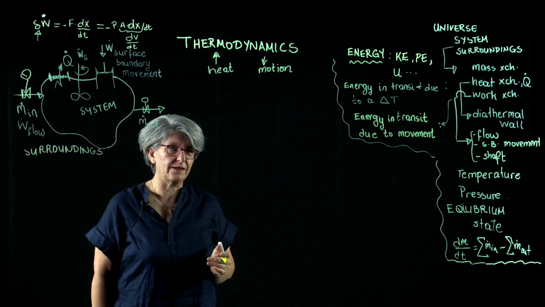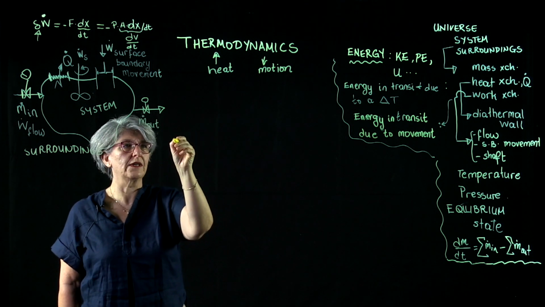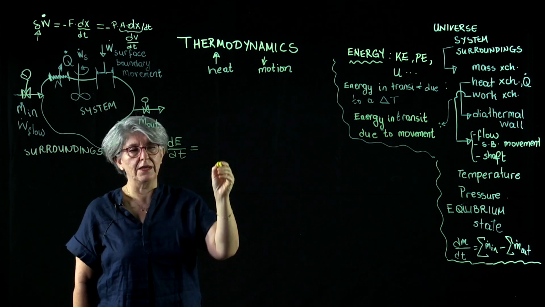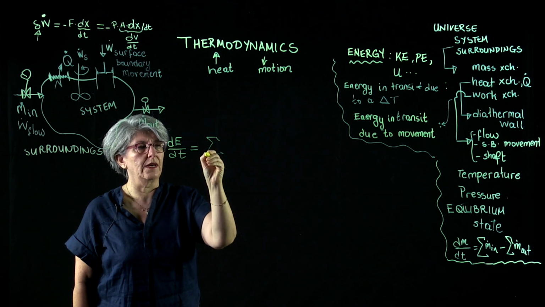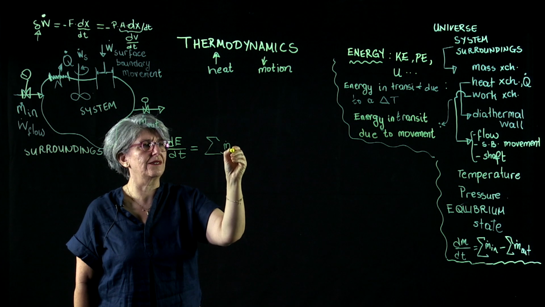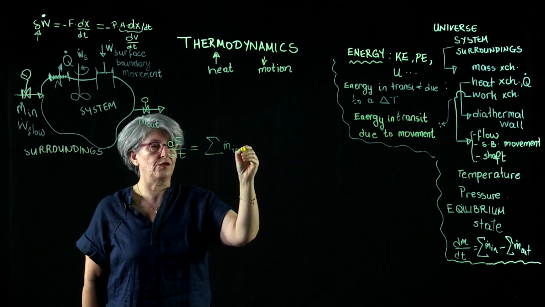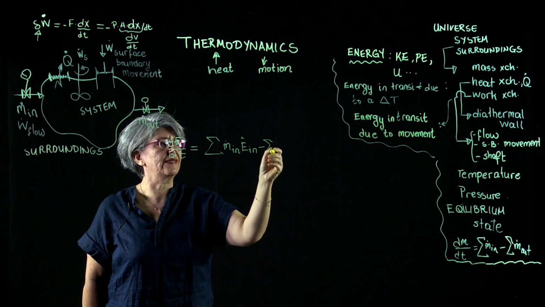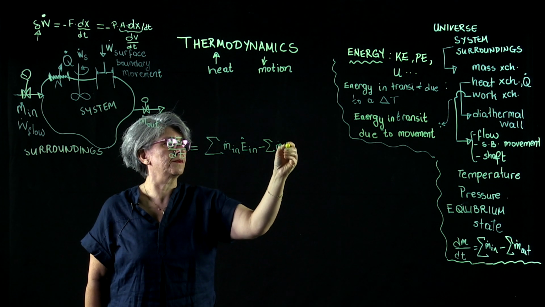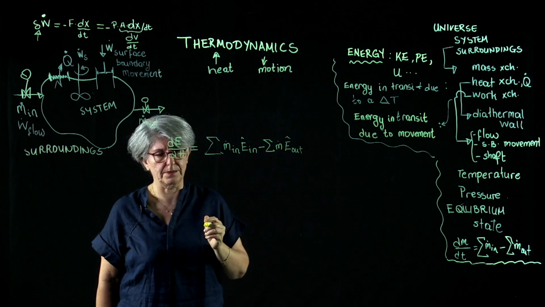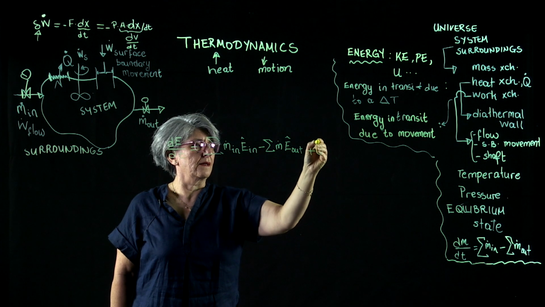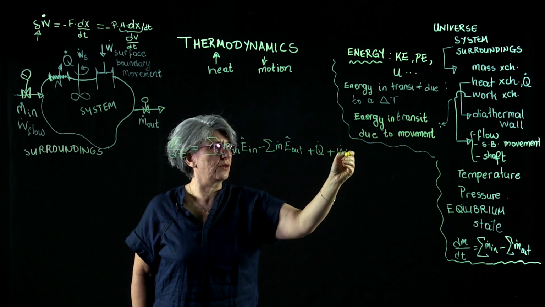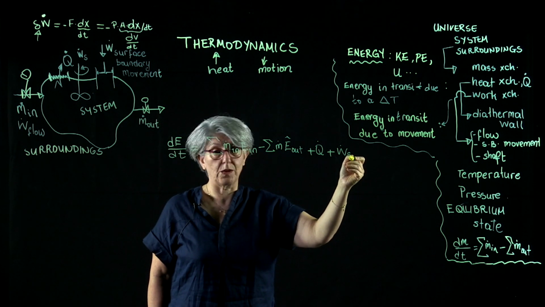So when we summarize the conservation of energy on a clean board, time rate of change of total energy within the system boundaries is going to be equal to the total energy that enters through the system boundaries by mass flow, minus total energy that leaves the system boundaries through mass flow, plus the heat exchanged through the system boundaries, plus the shaft work that is done on the system or by the system.